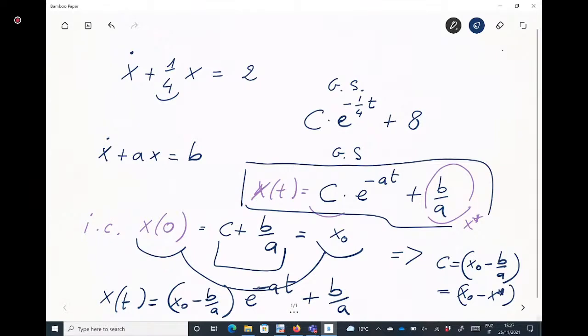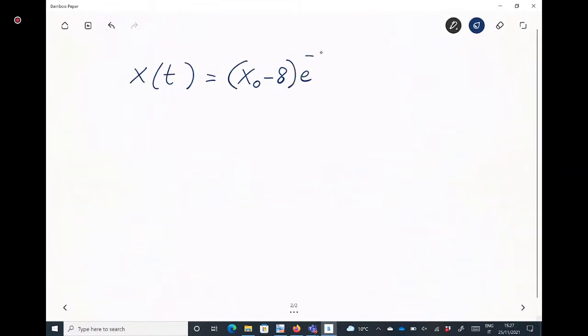What the main message here is, what is the solution in this particular case, in which we have a equal to 1/4 and b over a equal to 8. So in our case it is x(t) equal to x0 minus 8 times exponential minus 1/4 t plus 8.